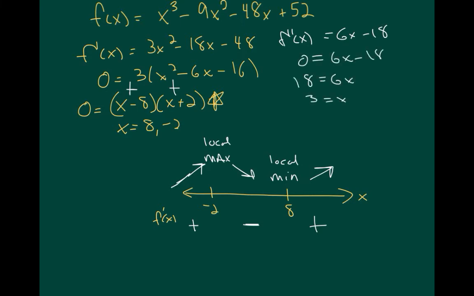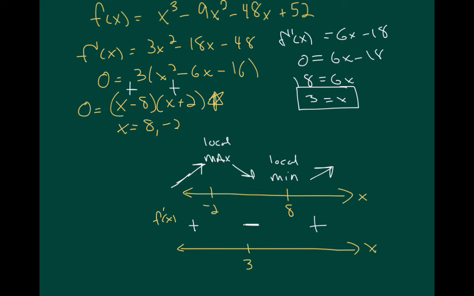When we set it equal to 0 and solve, we see that we have an inflection point at x equals 3. x equals 3 is going to be marked on a second sign pattern underneath my first one, but I'm going to try and make the x values line up. So 3 is going to be about halfway between negative 2 and 8.